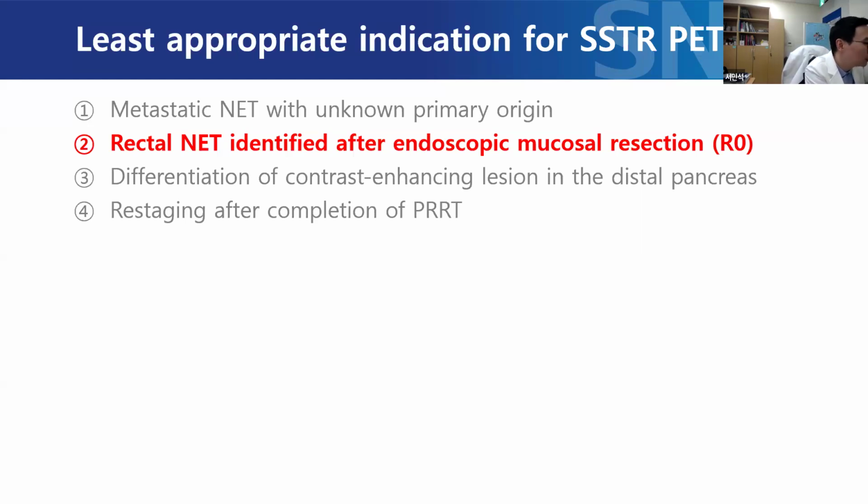However, solely using this as a response evaluation can be risky. So other tumor biomarkers or anatomical imaging should be used for the response evaluation. And for the least appropriate, actually, option 2 might indeed be the least appropriate.